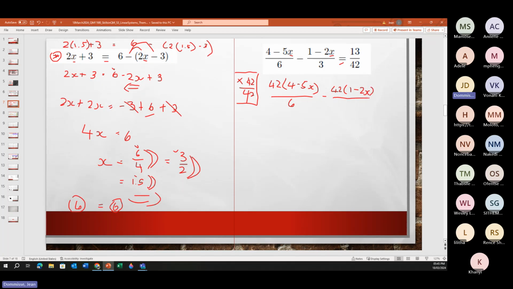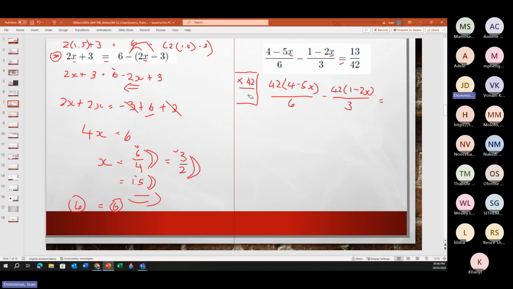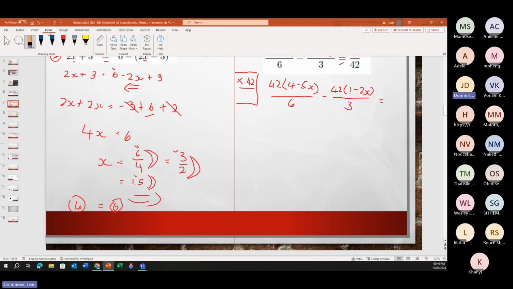So we've got the 42 times 1 minus 2x divided by 3. And then on the other side, remember we need to multiply by 42 across. What did I say? 42 over 42, sorry. We're just multiplying by 42 across.